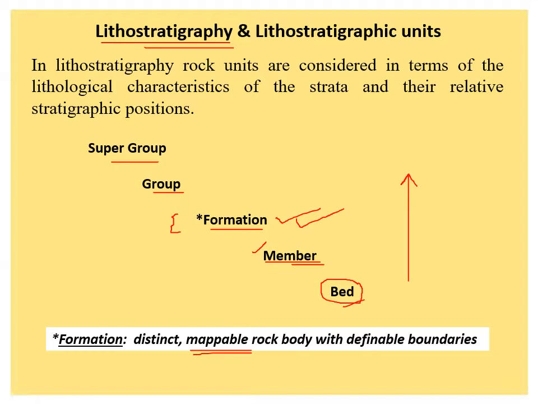So in a geological topo sheet map at 1 is to 50,000 or 1 is to 1 lakh scale, those lithological units which are mappable, which can be separated from adjacent litho units which have some distinct lithological characters, and whose upper and lower boundary can be easily traced and identified, that lithological unit is known as formation.